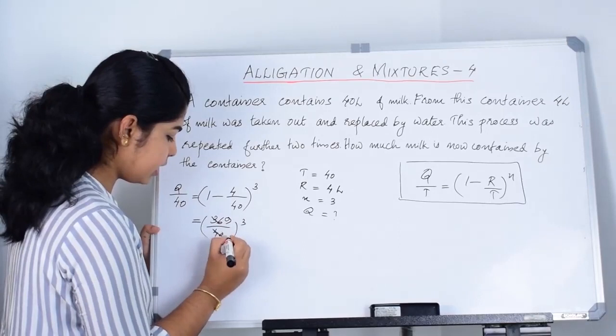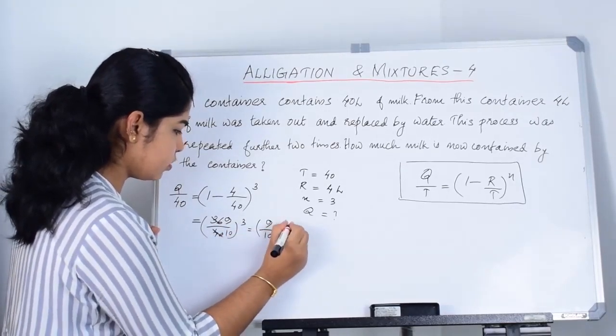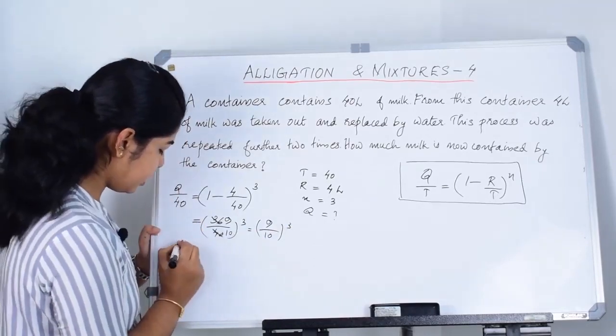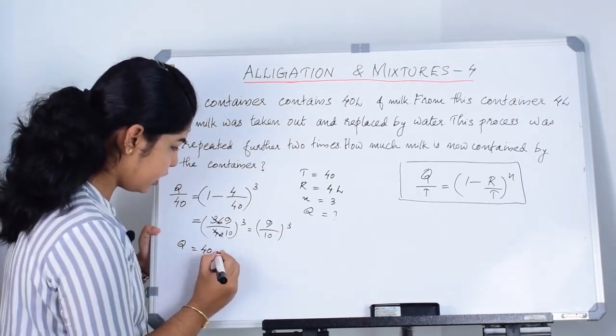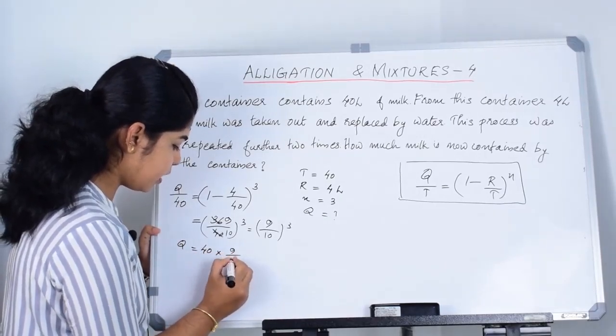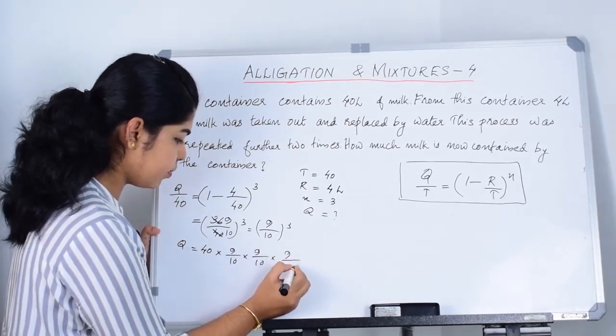So here will be 9 and here will be 10, that is (9 by 10) whole raised to cube. Now I am taking this 40 to the right hand side. So 40 into 9 by 10 into 9 by 10 into 9 by 10 will be our answer.